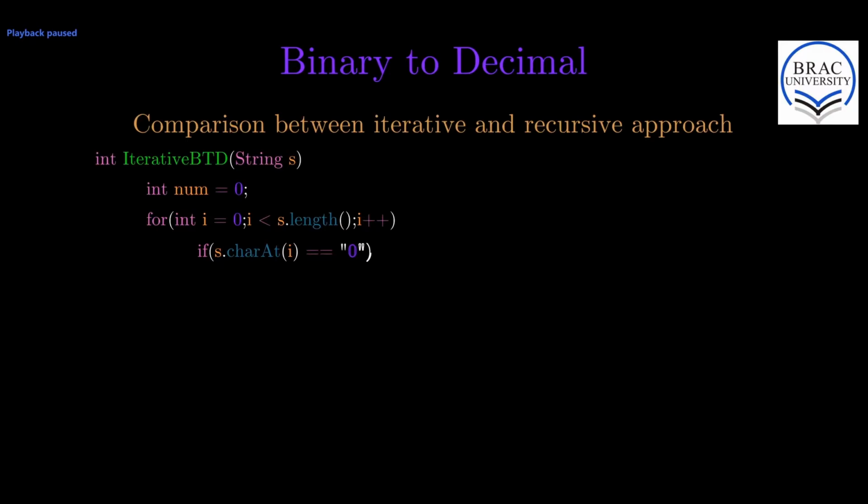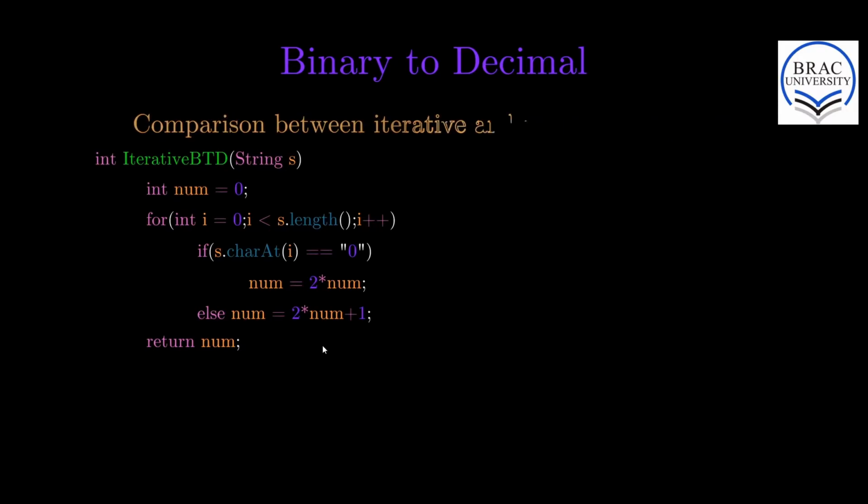In this function we're passing a string, then we are declaring a number, which is our desired decimal number. In the loop, we are always checking a character. If the character is 0, then we just double this number, and else if the character is 1, then we double and then add 1. Finally, when the loop finishes, we return this number.